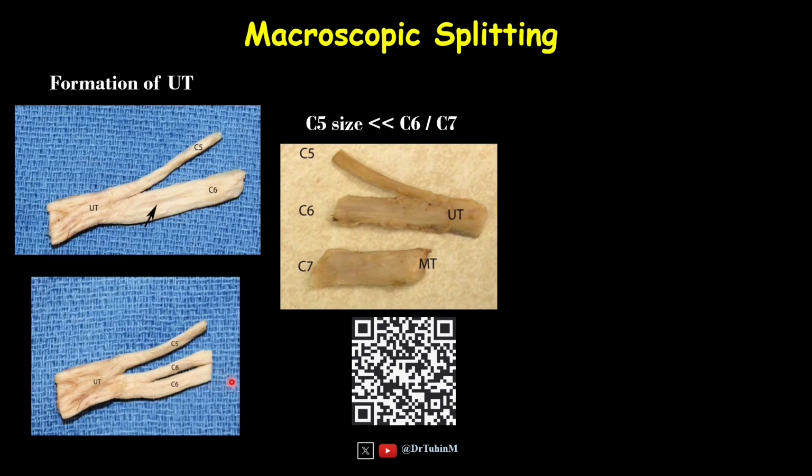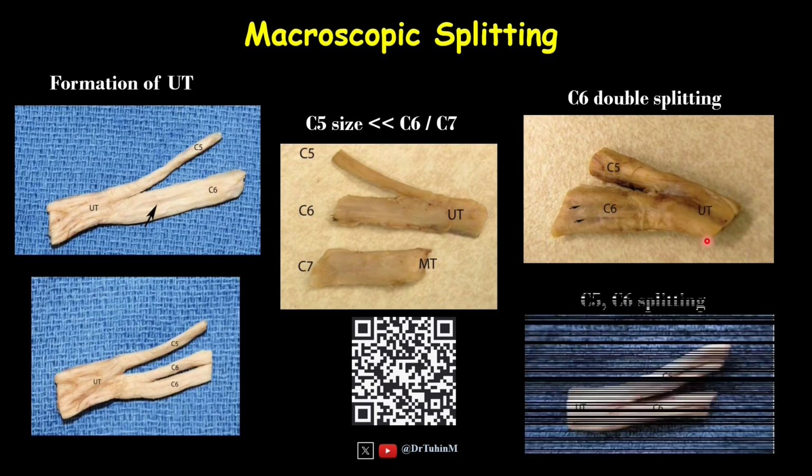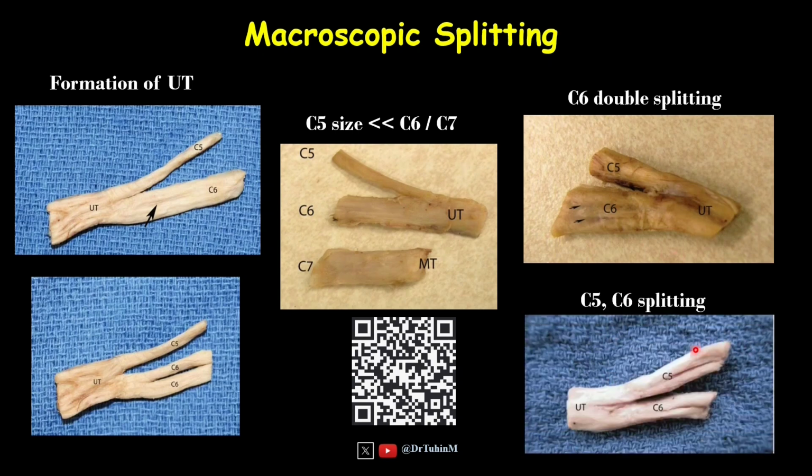This misidentification can increase the risk of unintended intraneural injection. Here you can see some more pictures of splitting. The left upper and the lower one are the C6 splitting before and after removal of the epineurium. Right upper one is the evidence of two splittings of C6, and the lower one is a rare variant with both C5 and C6 splitting.